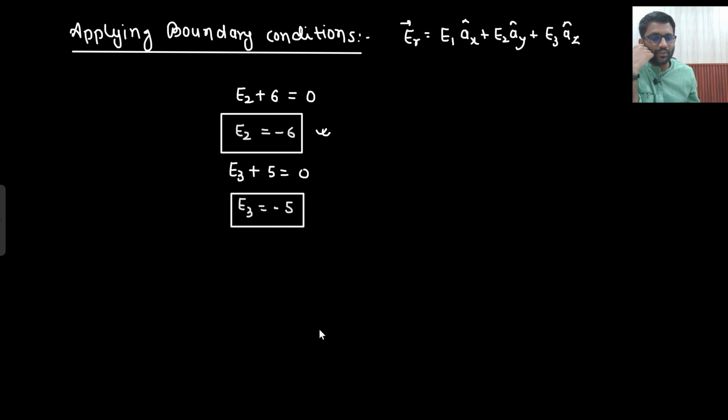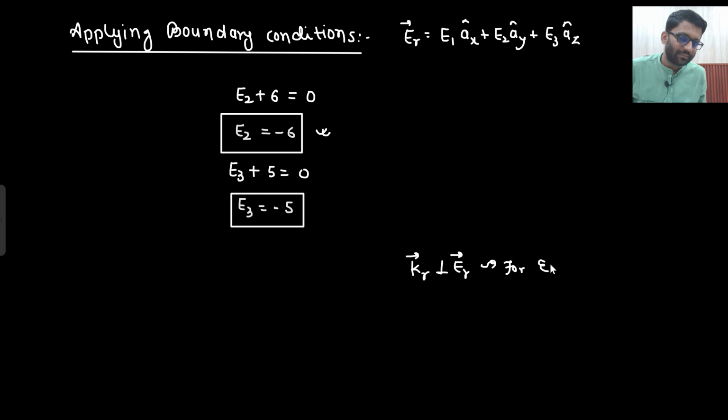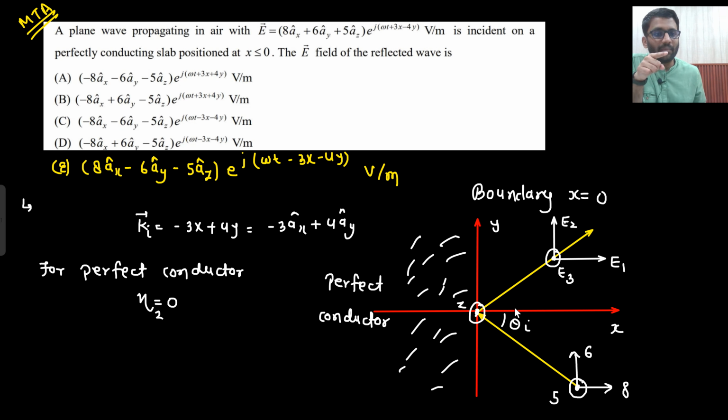So what we know is that my KR, the reflected direction of propagation, will be perpendicular to my reflected electric field for an EM wave. Is there any doubt about that? No doubt. So what will be my KR?